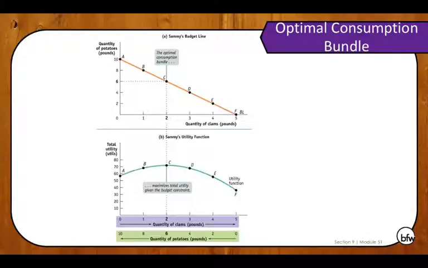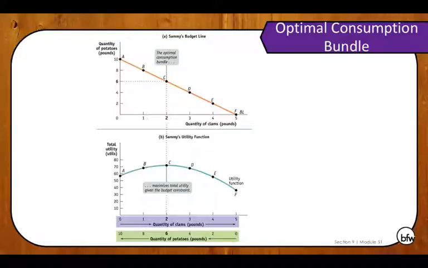Now, when we graph these, given Sammy's budget line, you can see the optimal consumption bundle is combination C, 6 pounds of potatoes and 2 pounds of clams.